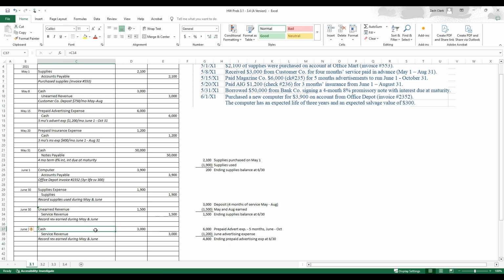And here what we want to do is reduce our prepaid advertising expense. So I'm just going to link this up here. So prepaid advertising expense goes down by $1,200, just like we showed here. And then we want to record advertising expense. Now, the actual expense is the offset for our prepaid advertising expense asset being used up.